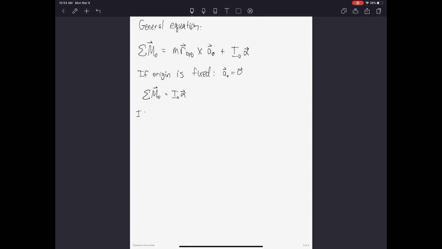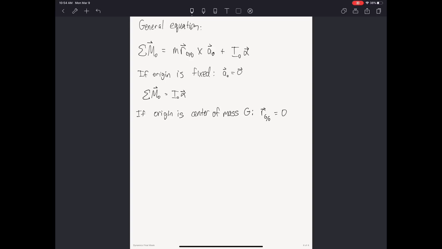If the origin is the center of mass, also known as G, that means R_G with respect to the origin is the 0 vector.